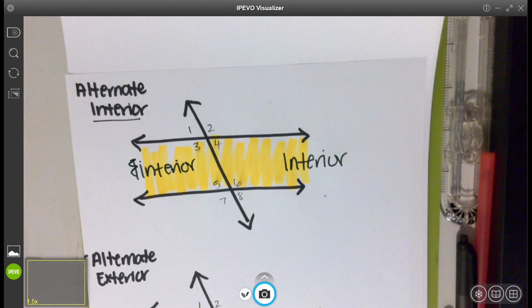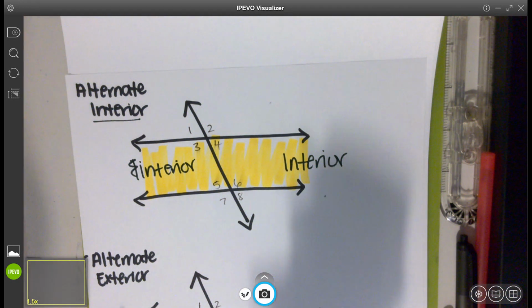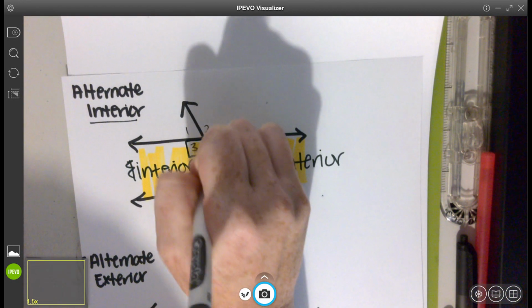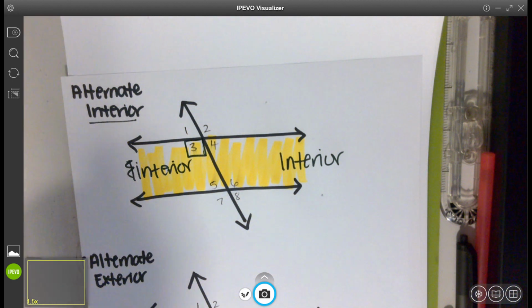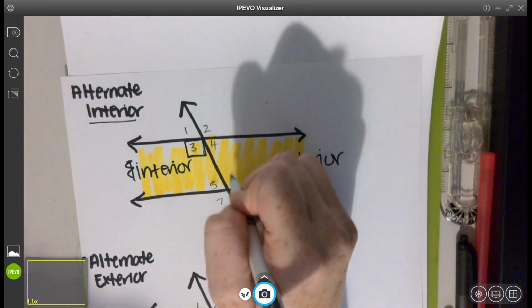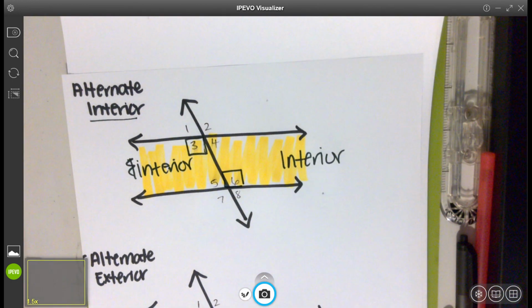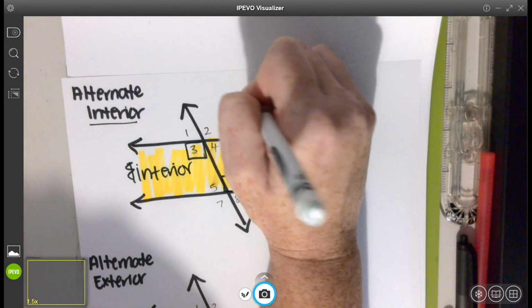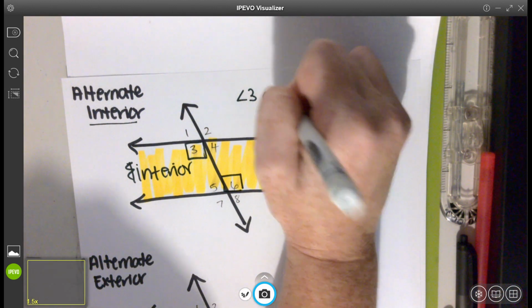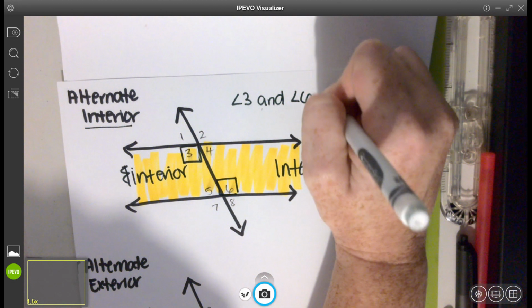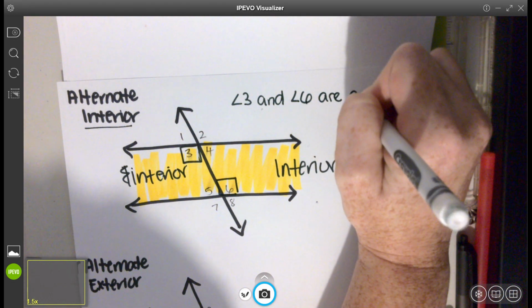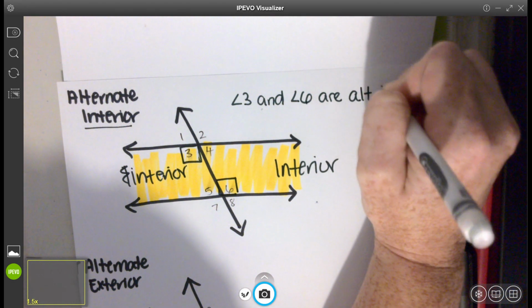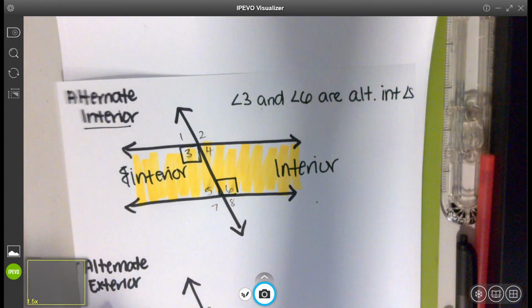And now I want to find alternate interior pairs. So to do that, I can see that angle 3 alternates or switches with angle 6. So that means angle 3 and angle 6 are alternate interior angles.